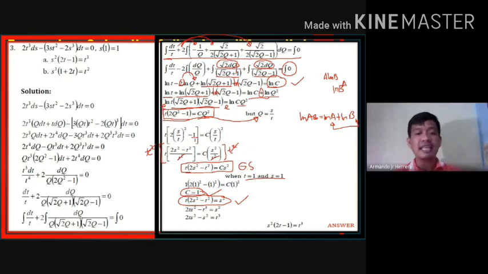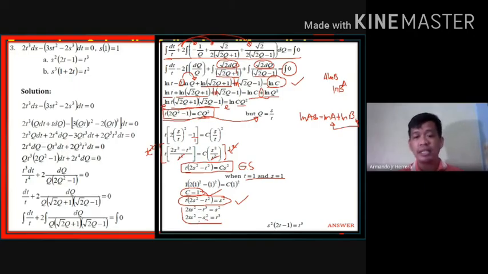So, since ito yung nakuha, wala dun sa mga choices, so, i-arrange natin siya. So, this is 2ts squared minus t cubed is equal to s squared, by distributing that all. Then, 2ts squared minus s squared is equal to t cubed by transposing that negative t cubed and transposing that s squared.